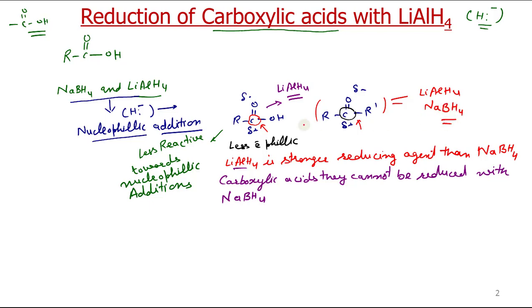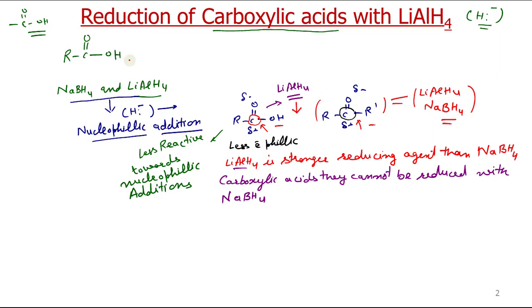So that is a comparison of reduction of carboxylic acids with aldehydes and ketones. Carboxylic acids can be reduced only with lithium aluminum hydride because it is a stronger reducing agent, whereas aldehydes and ketones can be reduced by both. So I will write the reaction.